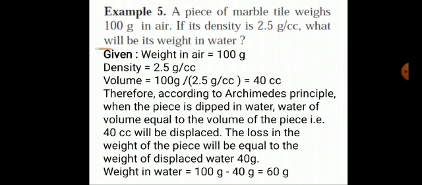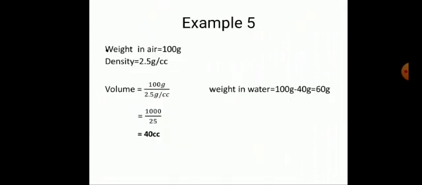Therefore, according to Archimedes principle, when the piece is dipped in water, water of volume equal to the volume of piece, that is 40 cc, will be displaced. The loss in the weight of the piece will be equal to the weight of displaced water. So weight in water is equal to 100 gram minus 40 grams is equal to 60 gram. The calculation part is shown in next slide.